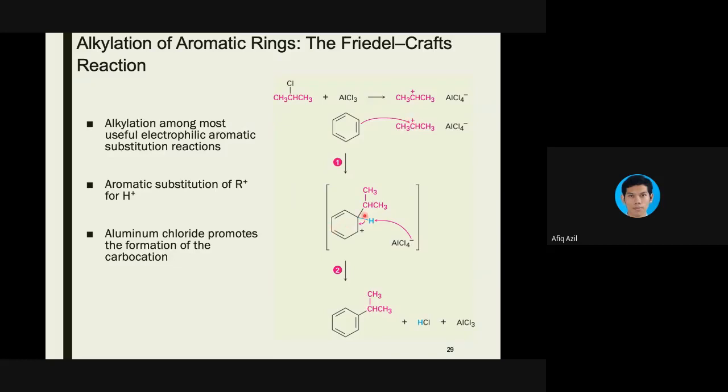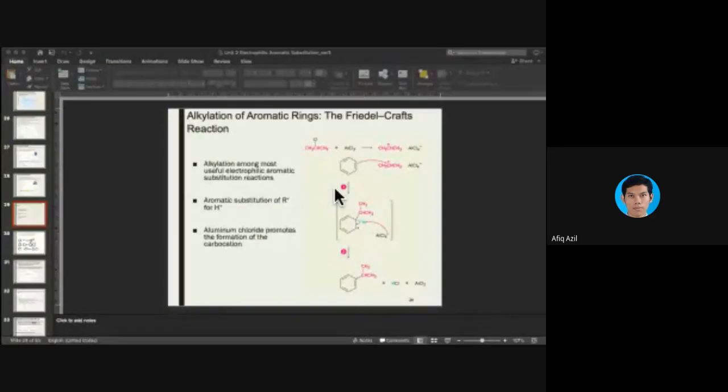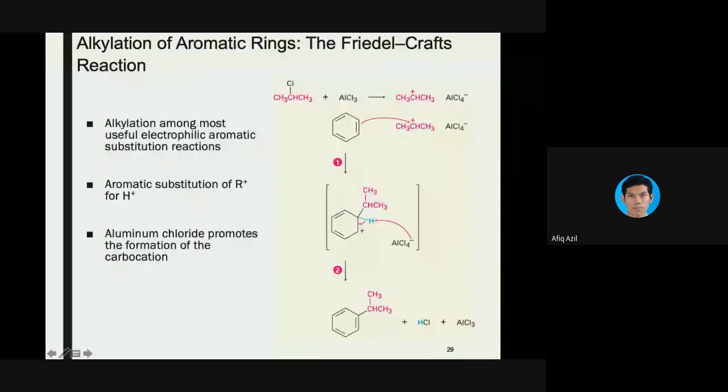So the carbon has already bonded to this carbon in the benzene ring. Then the anion, which is this AlCl4 minus complex, will come and take back the hydrogen. So you have your product, which is a methyl or alkyl substituted benzene, plus HCl, and also your original catalyst.